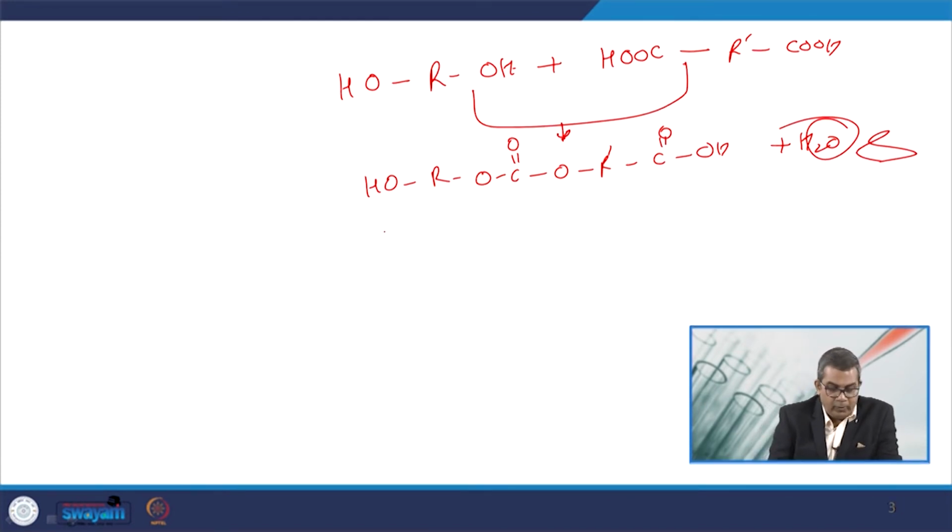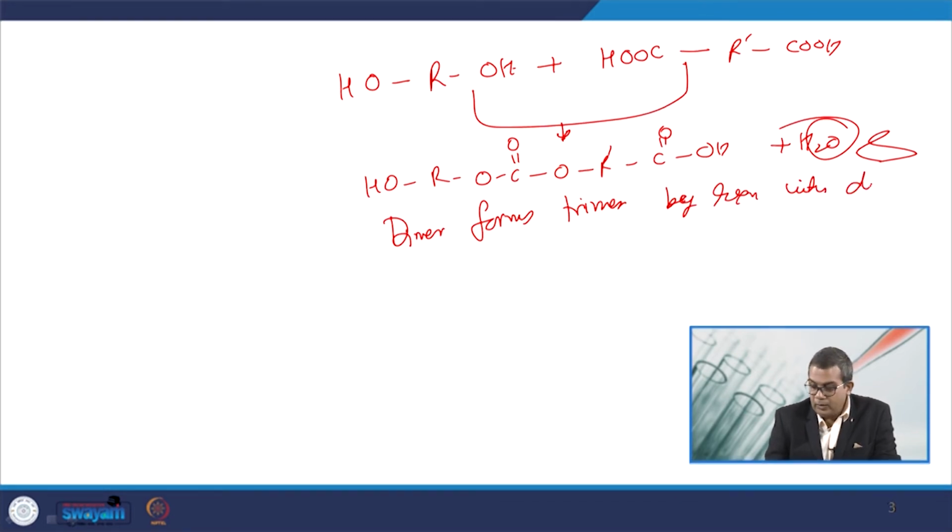Now, a dimer forms a trimer by reaction with a diol monomer.